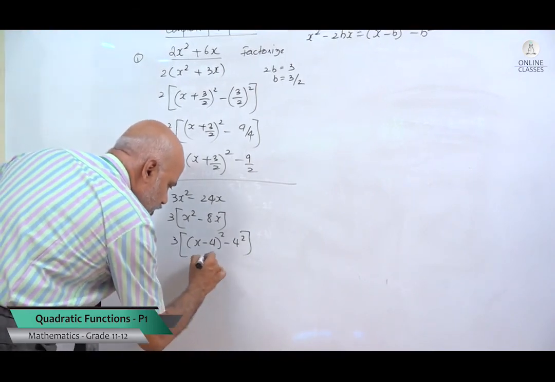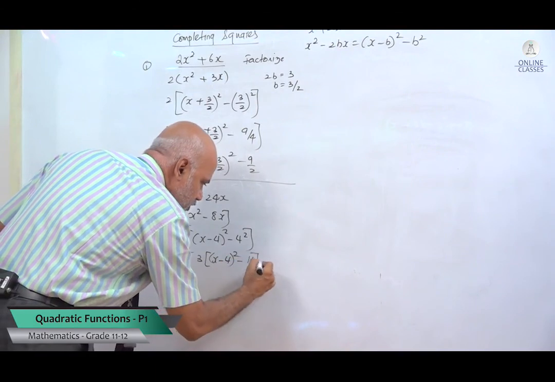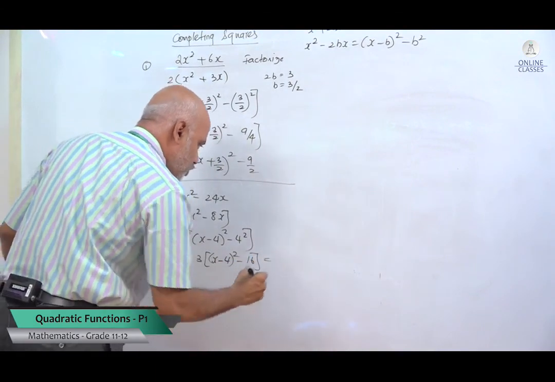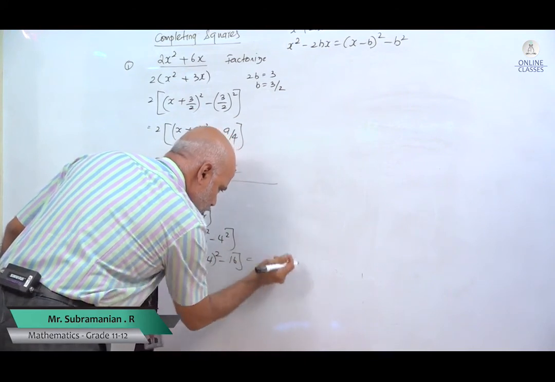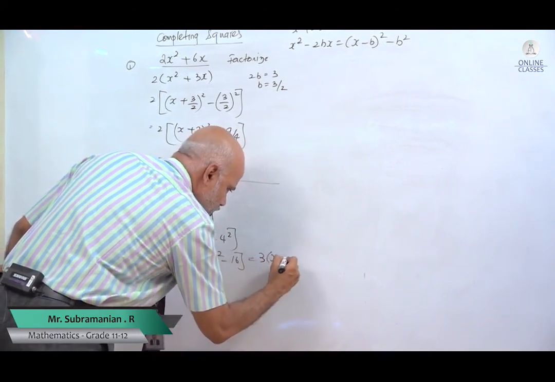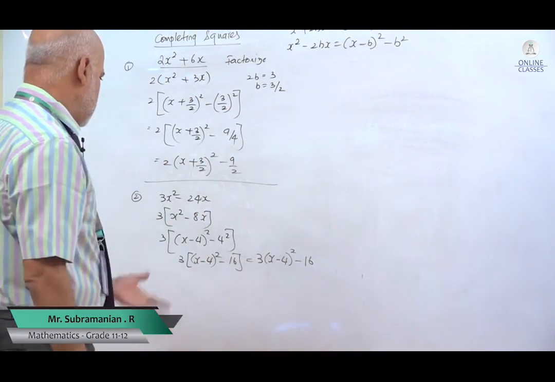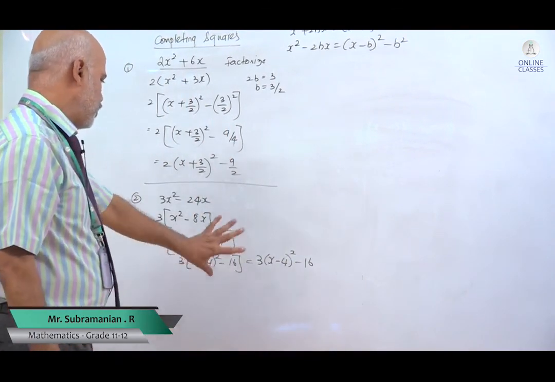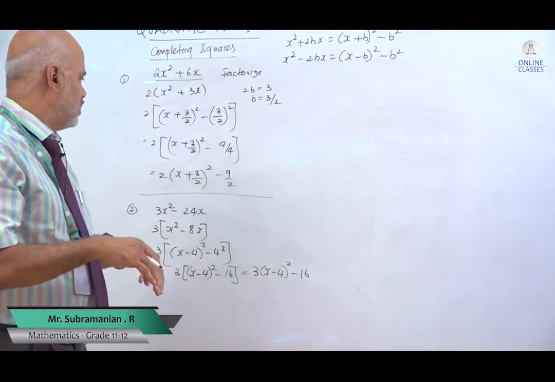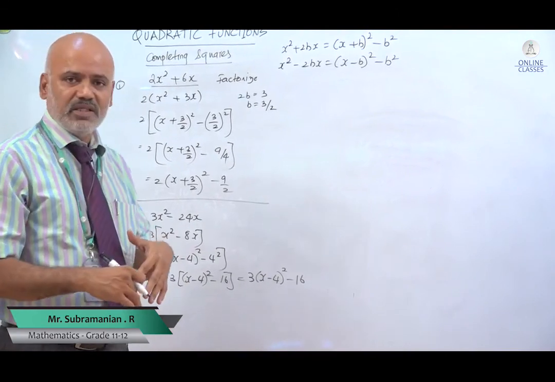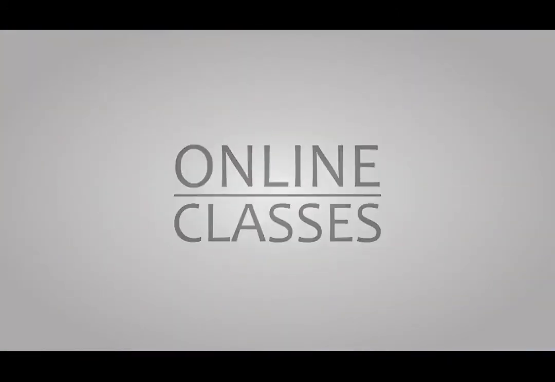Simplification. 3 times x minus 4 square minus 16. So we did the completing square and put it in an easier format. This is the next part. Hope this first part of the completing square lessons is clear for you. We'll come back in a minute regarding the next part.